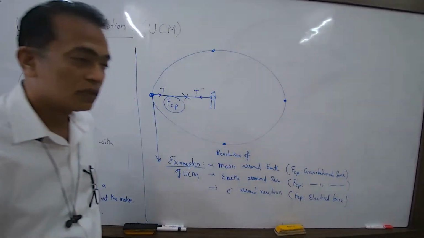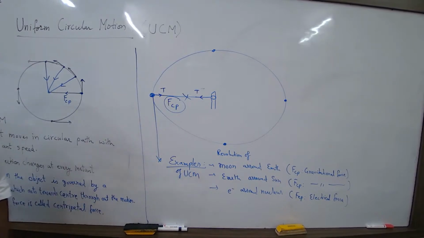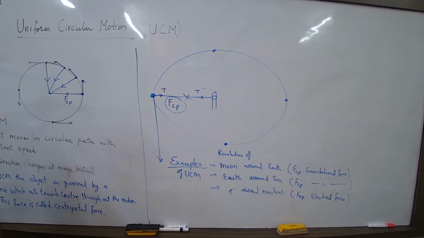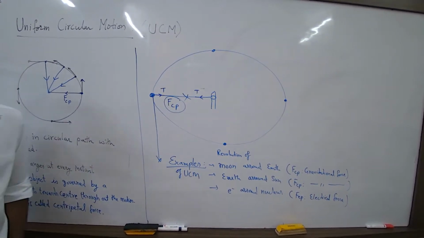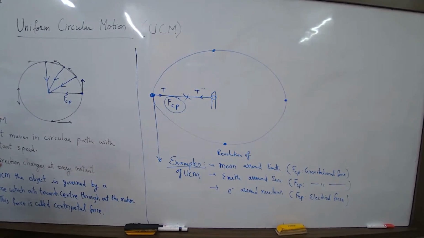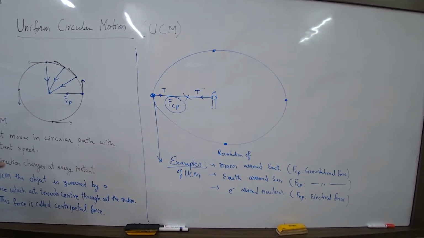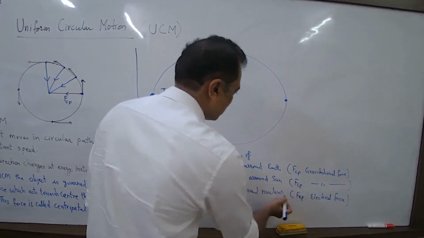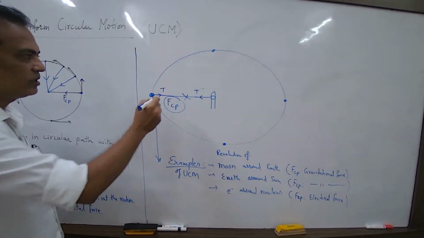Electrostatic force acts when the charges are stationary. Static means stationary. You can say electromagnetic force, not electrostatic. Alright, so I've given you examples of centripetal force. It changes in different situations. In the string case, it is tension.